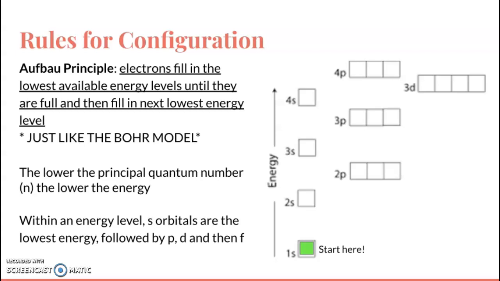I have to fill in each individual orbital before moving to the next. So the lower the principal quantum number, my n value, my 1, 2, 3, 4, the lower energy I have. And within an energy level, I have s orbitals that are the lowest, then p, then d, then f. So I'm going to fill in a 1s completely before I move to a 2s, then fill in the 2p before moving to my 3s.